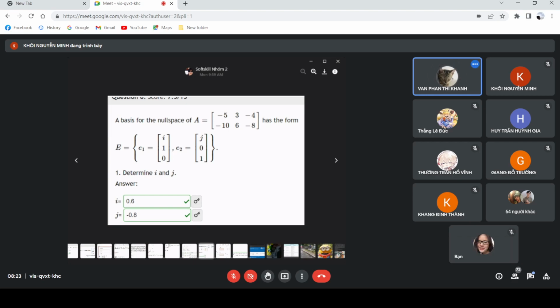So what is the dimension of the null space in this case? 2, right? Okay. So you see that in the basis here we have 2 vectors. So we have to take 2 vectors. It means 2 solutions. So E1 is a solution.